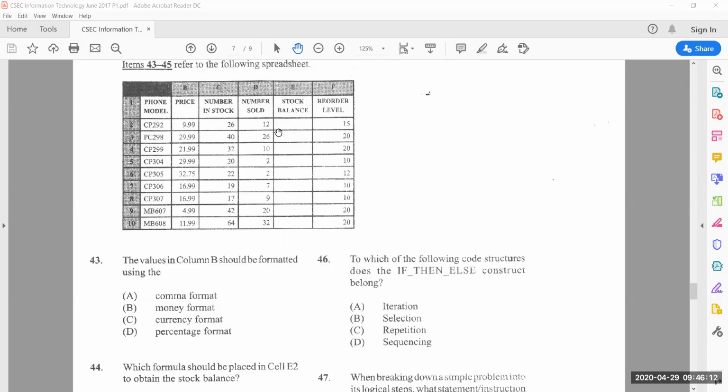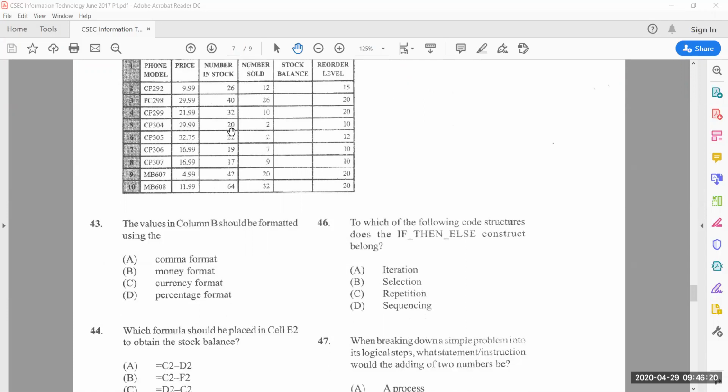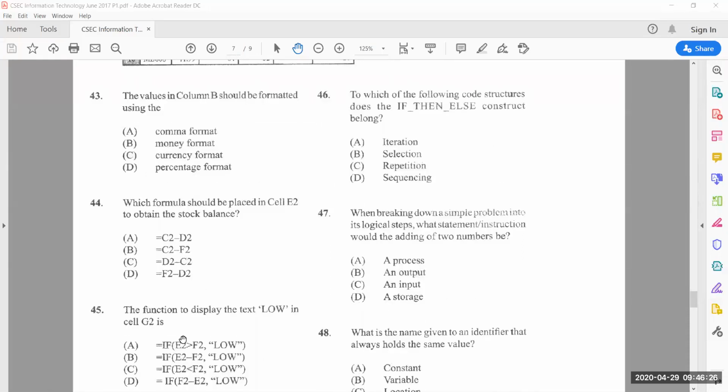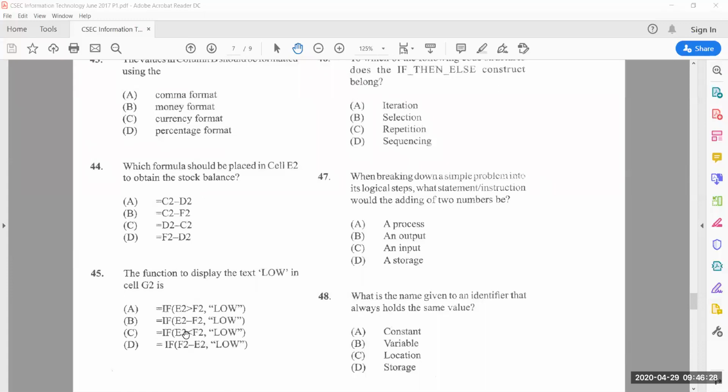The answer is 14. So the formula you're going to calculate in E2 will be equals C2 minus D2. So the answer for 44 is E. All right. Let's move on to 45.